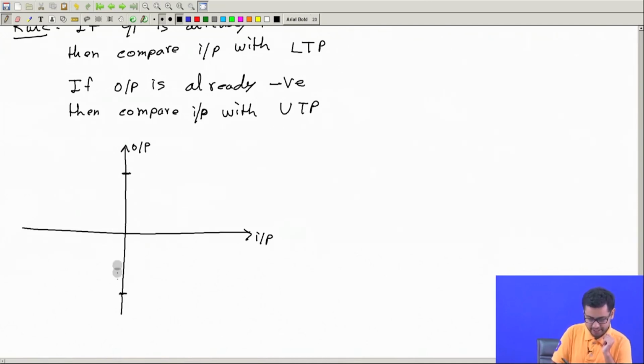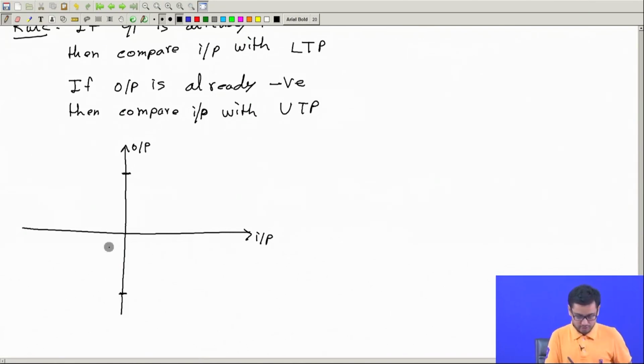It will not take any value in between. Like an op-amp used as a comparator, output will take only this value or this value and no value in between. Input can take any continuous value, positive or negative.